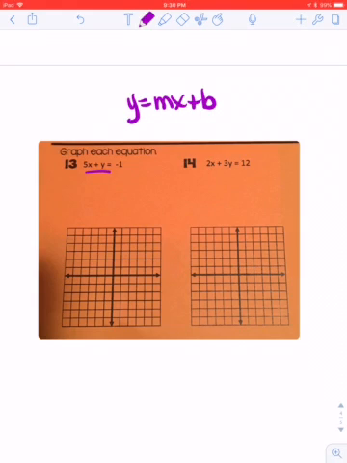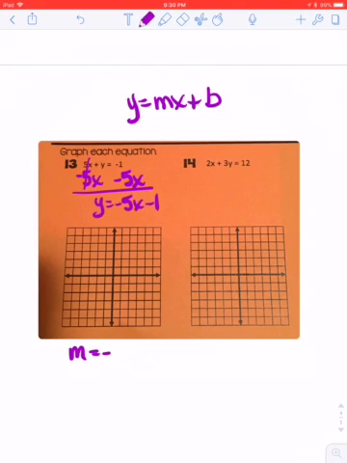So on this problem right here, I'm going to have to get rid of that 5x. So it's +5x, so I'm going to subtract 5x from both sides. So y equals -5x minus 1. Now if I look at that problem, that means my M value is -5, my B value is -1.